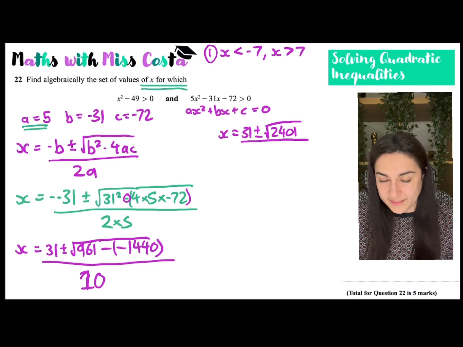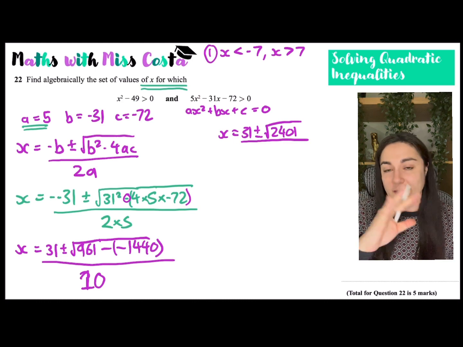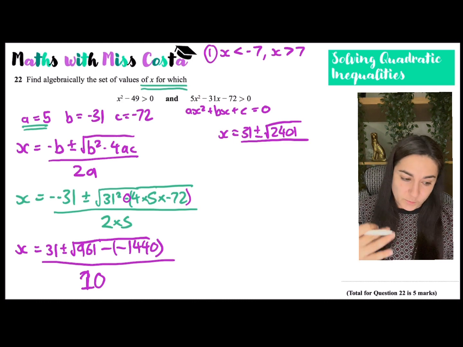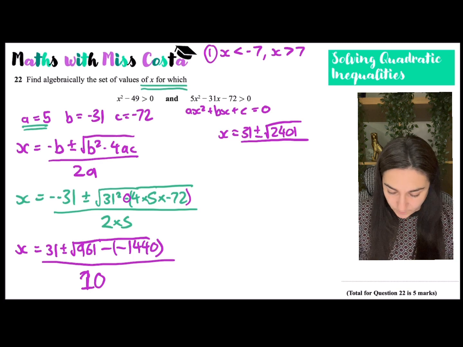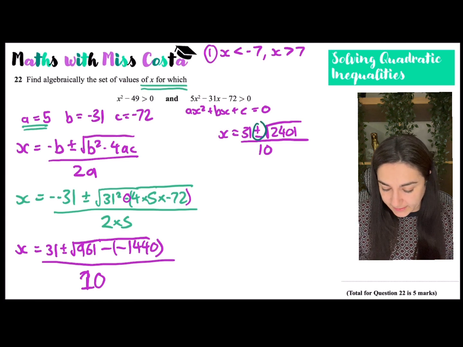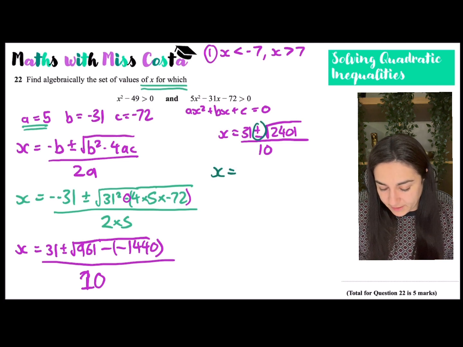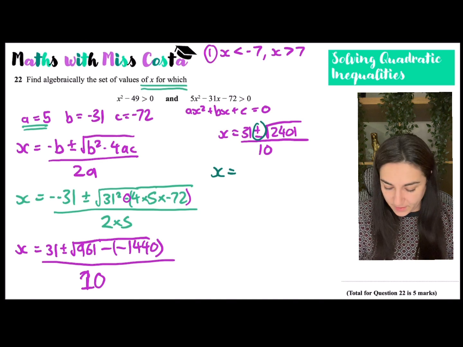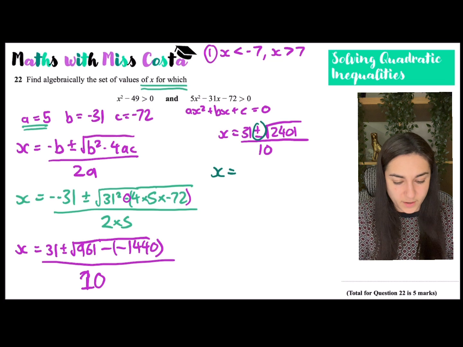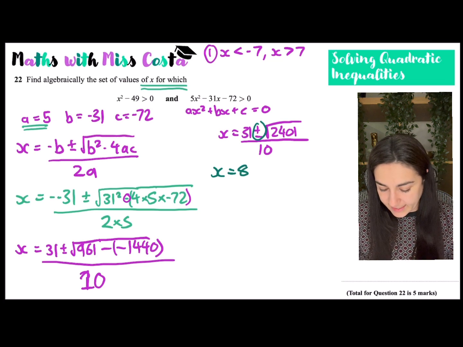I'm just doing all of the steps so that you can follow along if the quadratic formula isn't your forte, and also so that you can see if you've spotted where you may have made a mistake and rectify it. So then I've got this. I know I'm going to get two answers as always with a quadratic. So if I just type into my calculator 31 plus the square root of 2,401 divided by 10, I end up with 8.